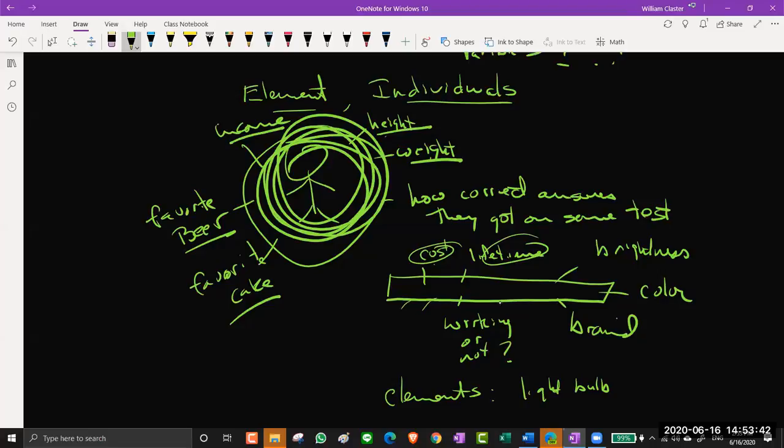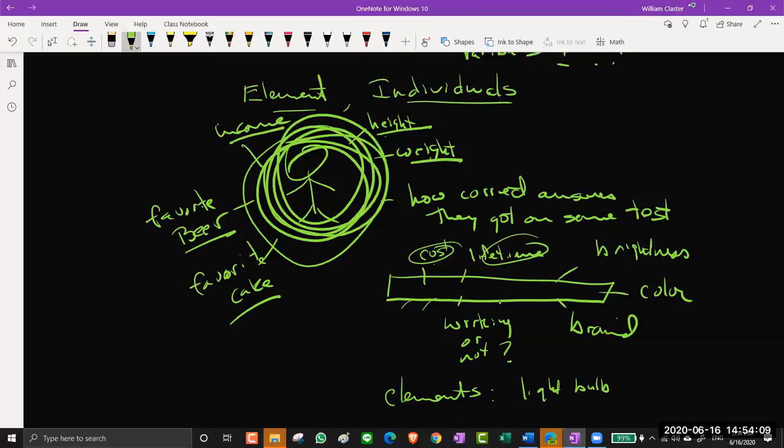So I could look at 100 different light bulbs at APU. Maybe they have different costs, different lifetimes, and so on. So the variables for each element. Does everyone understand? The variable value for each element. So the elements are the things that you're measuring the variables about, right?